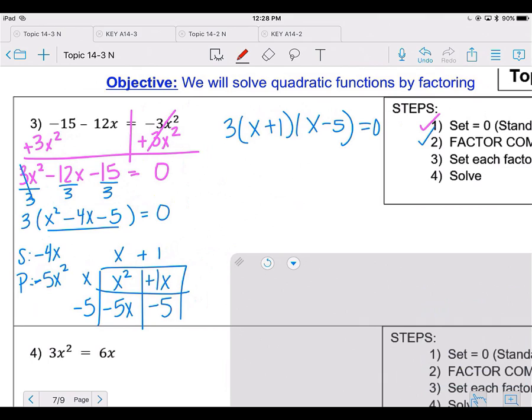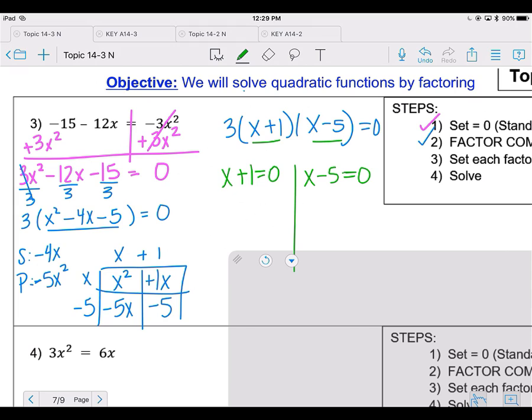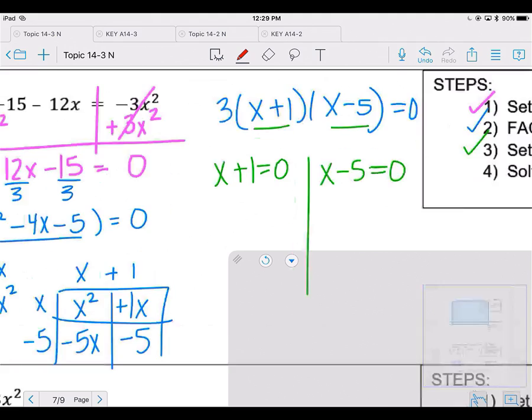Now, they tell me to set each factor equal to 0. So I take my two factors, anything with an x, and set it equal to 0. I am done setting my factors equal to 0. I now solve.